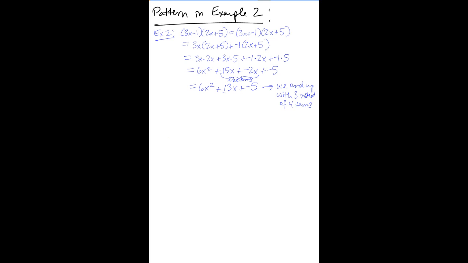So we notice that this part here came from the sum of 2 like terms.